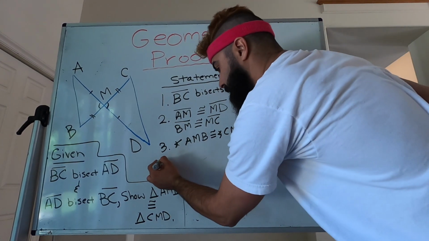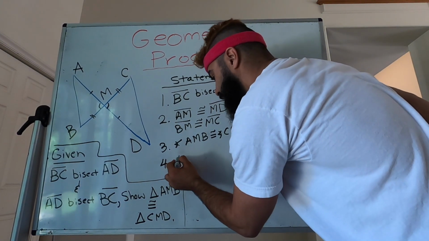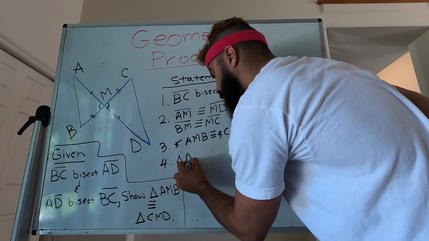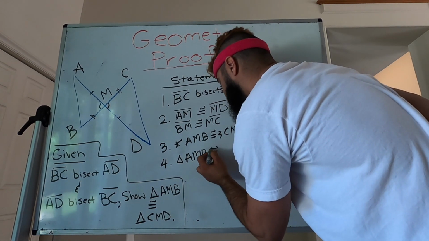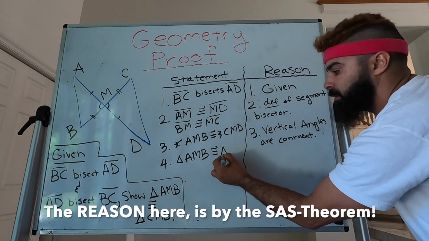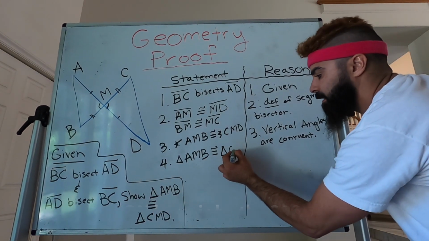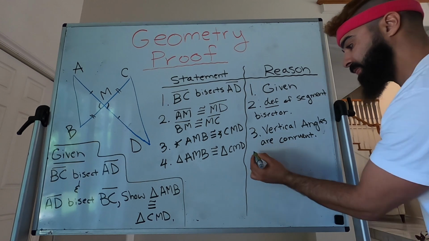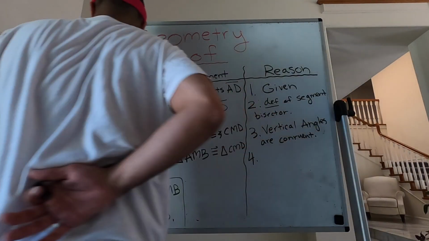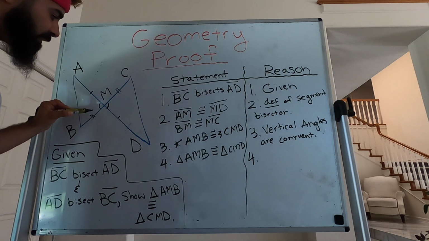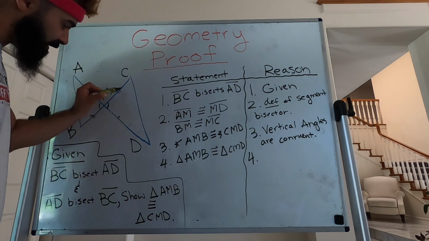And fourth and last step, I'm going to go ahead and just say that triangle AMB is congruent to triangle CMD. And this is, if you notice here, we have a side, an angle, and a side that correspond to a side, an angle, and a side.